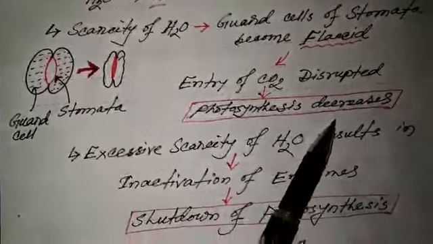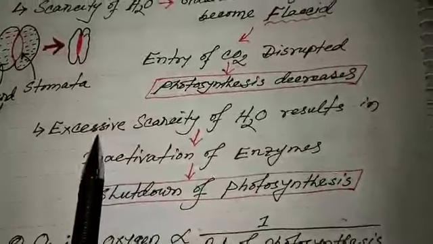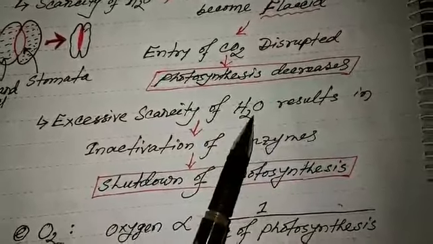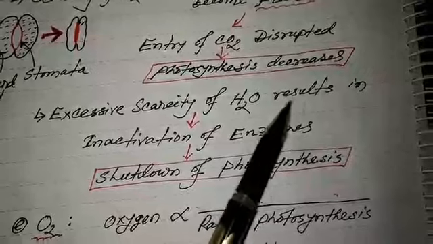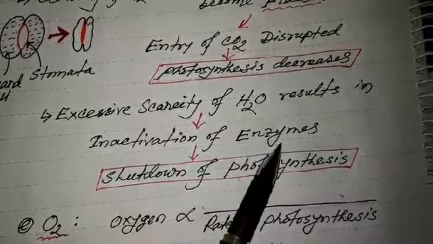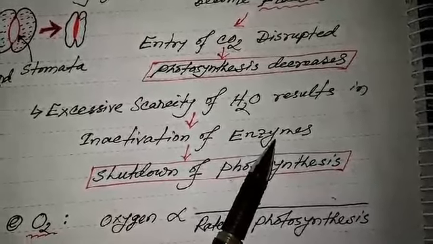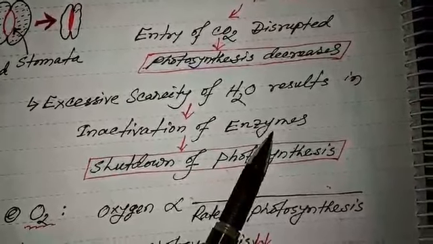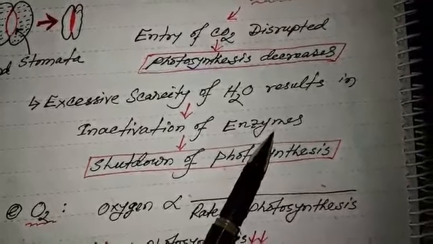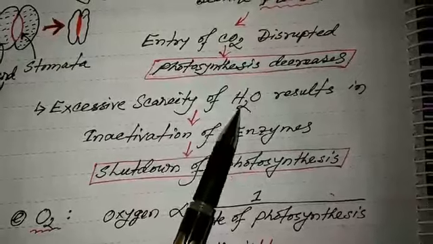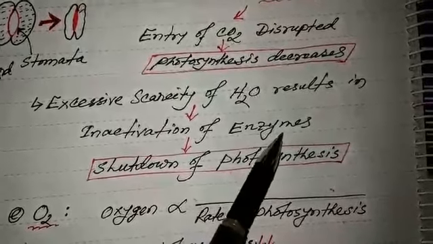photosynthesis will be decreased. And if excessive scarcity of water occurs, then it results in the inactivation of enzymes, because we know enzymes are normally produced in an inactive form, then they should be activated by different means, and water plays the vital role to activate the enzymes.